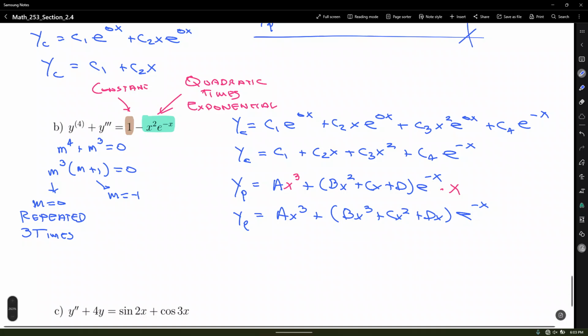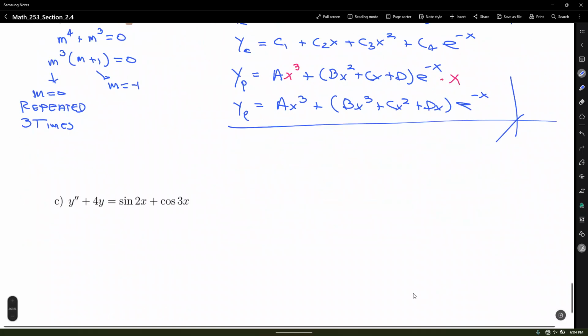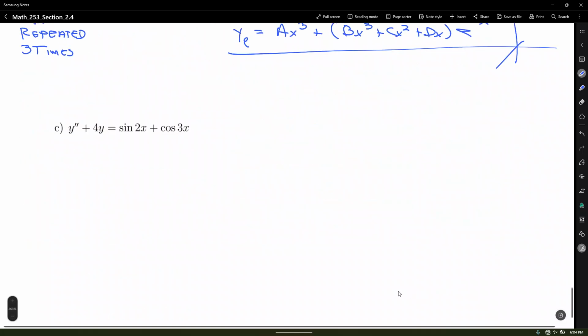You just want to do a product rule with two factors. And yes, that'll be the form of y sub p. No, I don't want to find four derivatives of that function. Good luck with that. If you have time in your leisure time, you can try it, but no, I don't want to do it, at least not here.